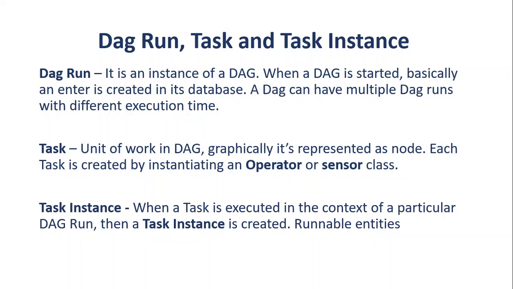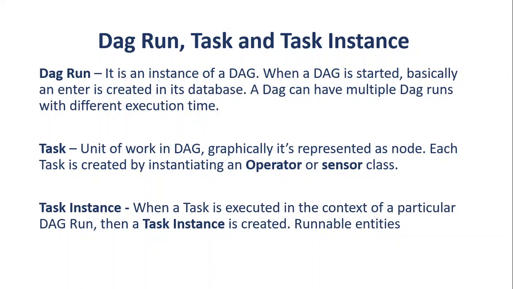A task is just a unit of work in a DAG. As I mentioned in my first video, a task could be executing a Python function, running a command, waiting for a file, transferring a file, something like that.